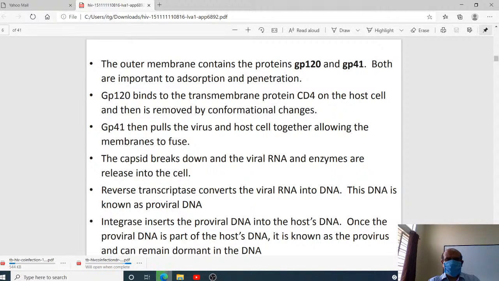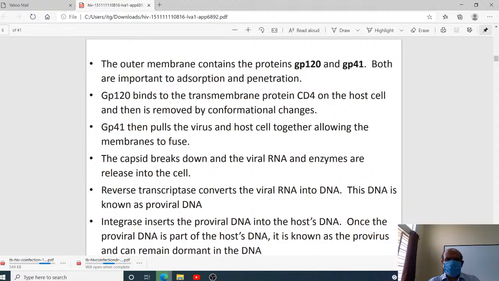The capsid breaks down and the viral RNA and enzymes are released into the cell. Reverse transcriptase converts the viral RNA into DNA. This DNA is known as proviral DNA. Integrase inserts the proviral DNA into the host DNA.